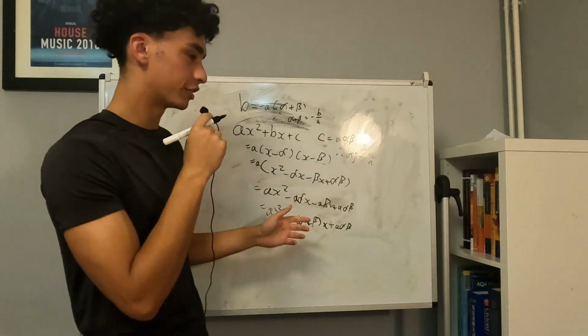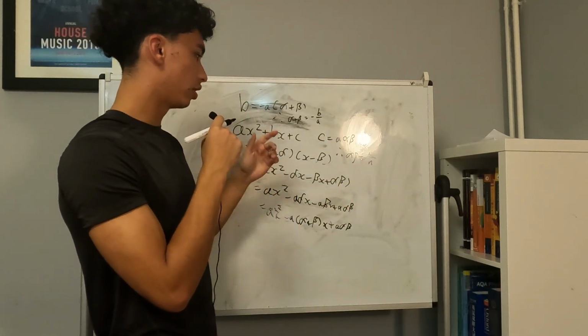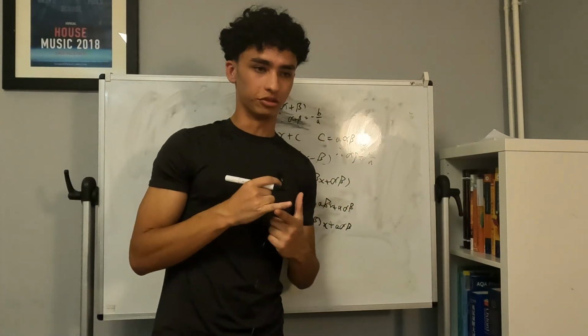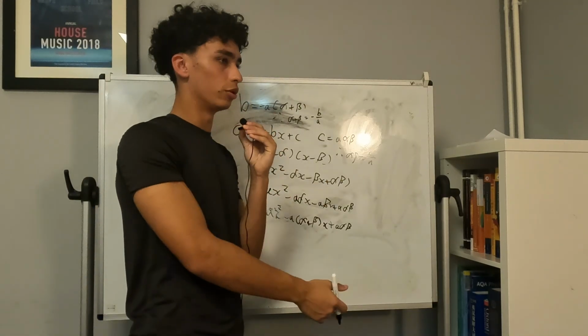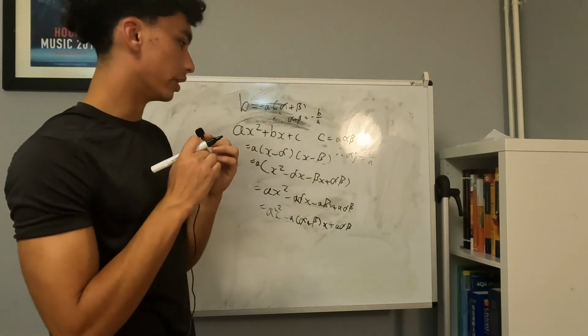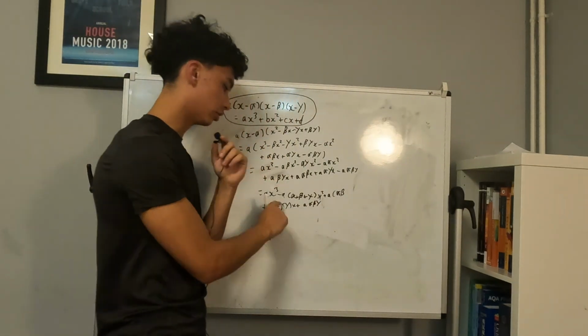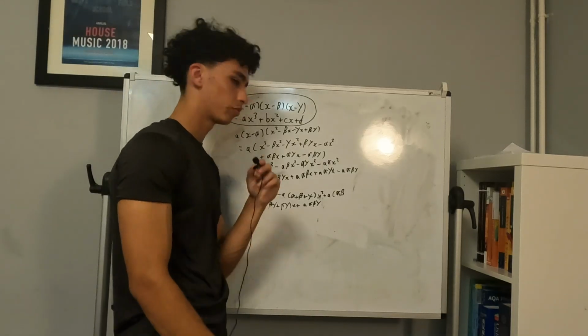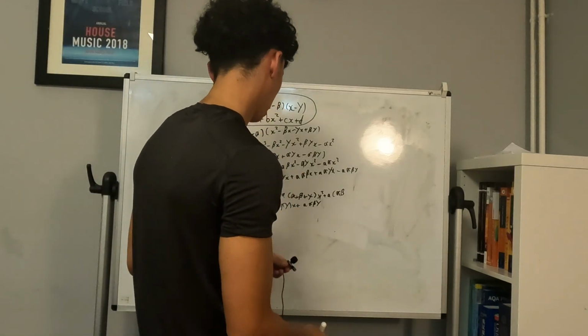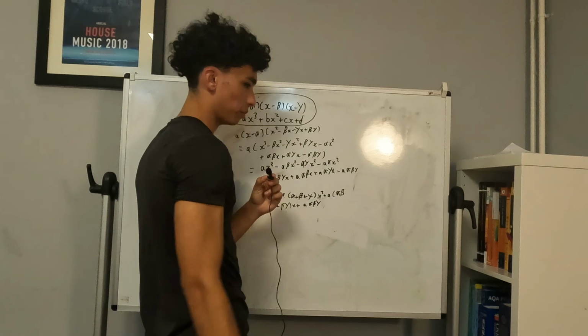In the AQA further maths course, we need to look at cubics and quartics as well. So now I'm gonna show you the steps for the cubic equation. What we're gonna do here is the same as we did for the quadratic.